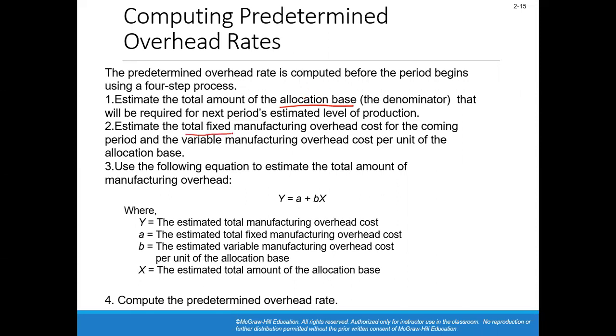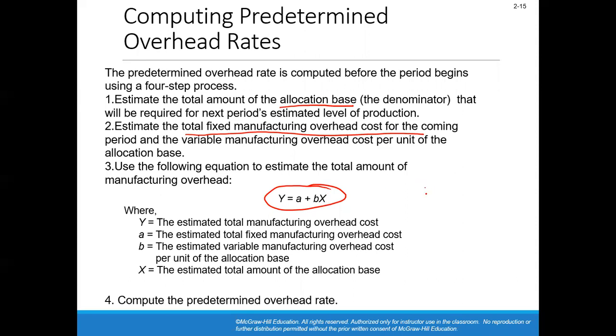And estimate the total fixed manufacturing overhead cost for the coming period and the variable manufacturing overhead cost. It is an application of the linear equation. And how will you determine the total variable cost? You will multiply the amount of variable manufacturing overhead cost by the total number of allocation base you have estimated.